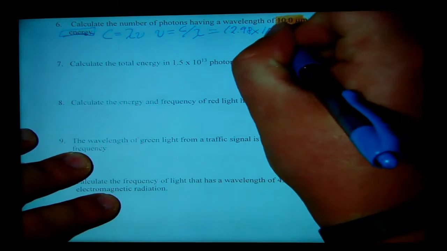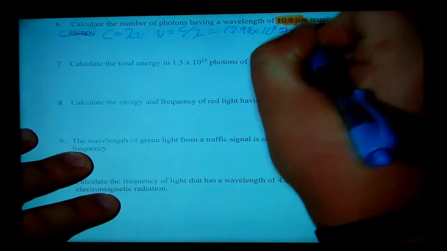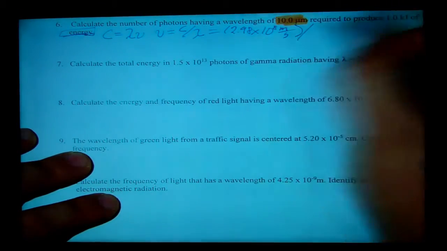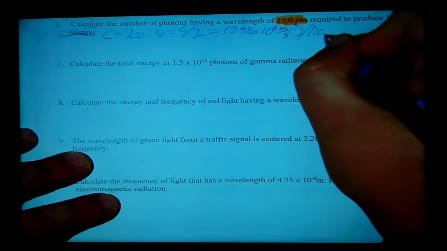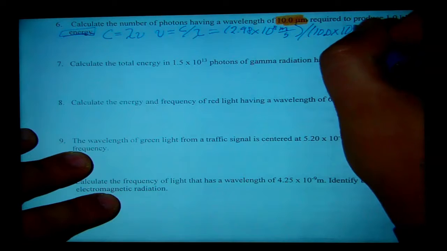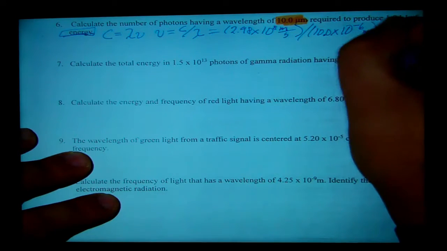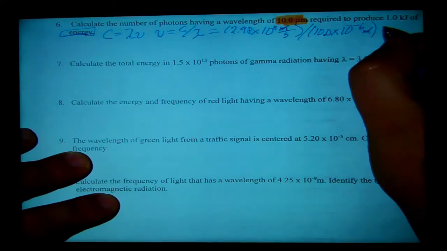Times 10 to the 8 meters per second, divided by wavelength, which is 10.0 times 10 to the negative 6 meters. Meters cancel, leaving me with inverse seconds.